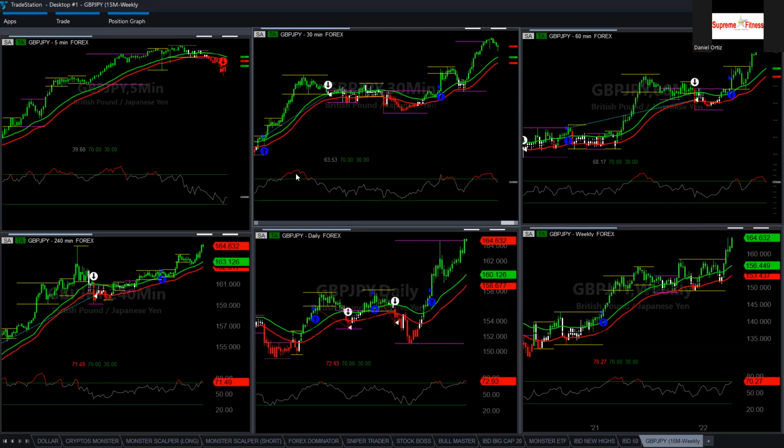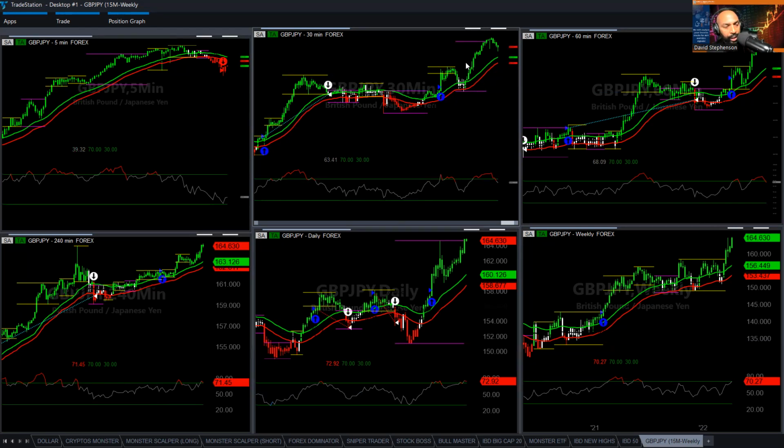We know that price is overbought here, here, here, getting overbought here, not quite overbought here on the weekly time frame.